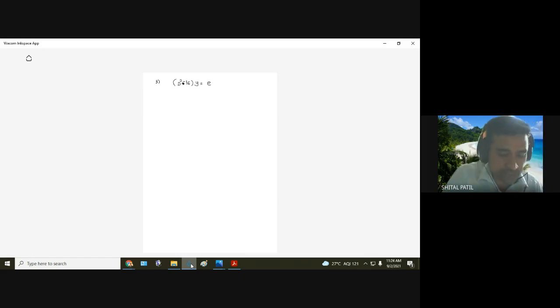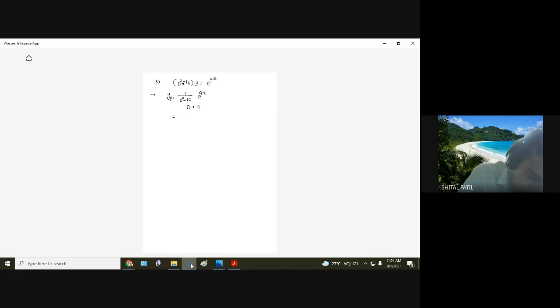D square minus 16y equal to e raised to 4x. 1 upon D square minus 16, e raised to 4x. So D is to be replaced by 4. Yes, do it.